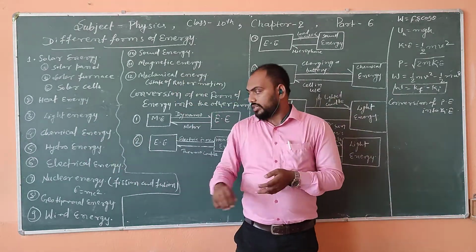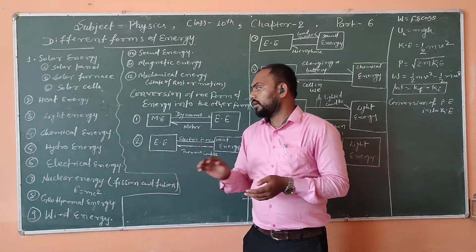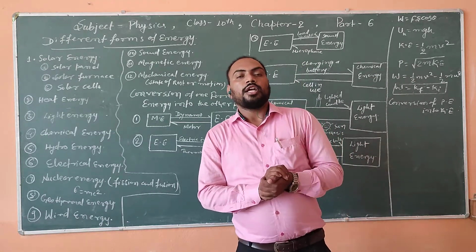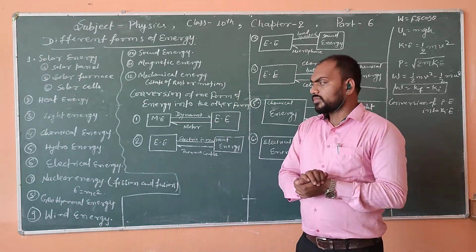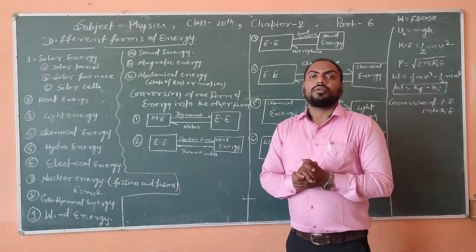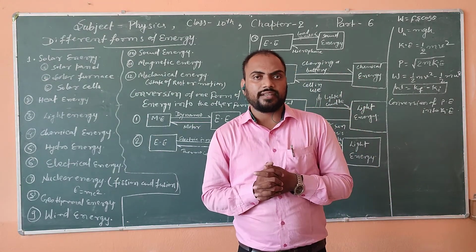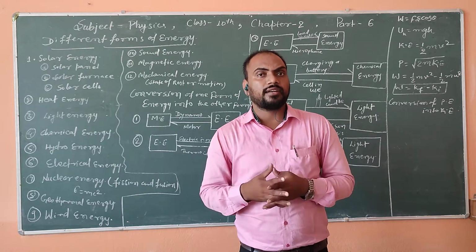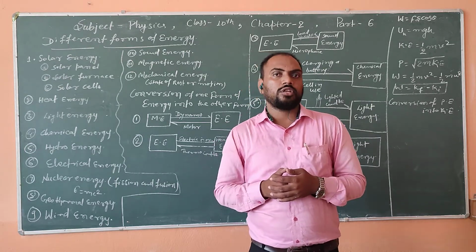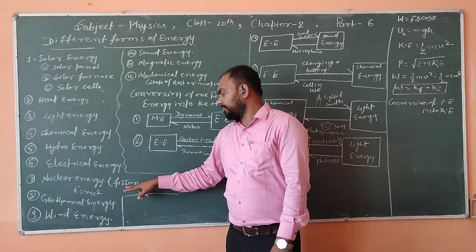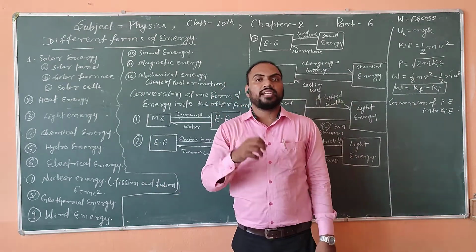Next, we come to nuclear energy. Nuclear energy is the form of energy which we get from the nucleus of heavy atoms or smaller atoms. Through two processes, fission and fusion, we get energy.